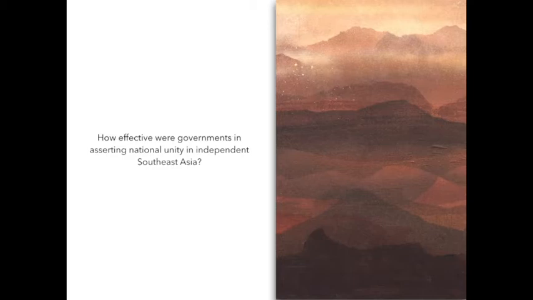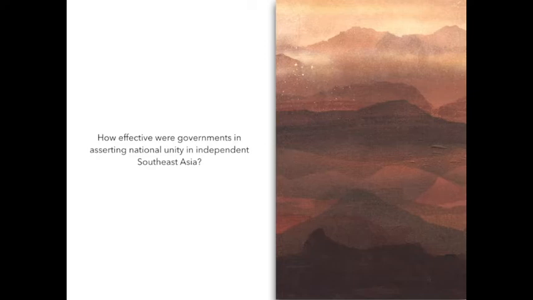And the question here is this: how effective were governments in asserting national unity in independent Southeast Asia? With this essay question, quite clearly some terms might already pop out to you, and these are the things that we are going to be dealing with today. Definitely, we are going to need to unpack effectiveness, or in this case, effective, and we also need to unpack the idea of national unity.